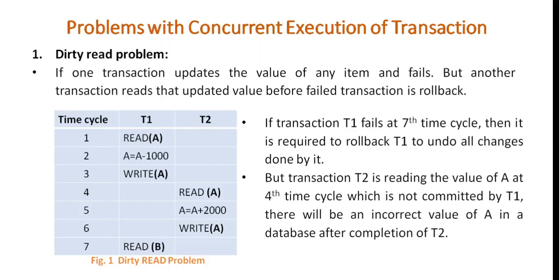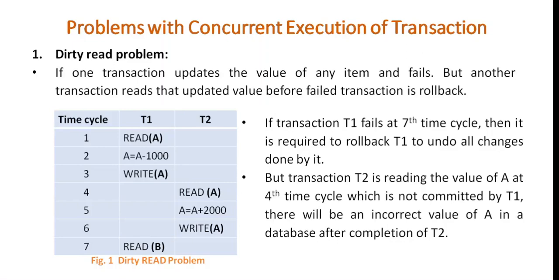But before rollback, transaction T2 is reading the value of A at time cycle 4. The value is updated by T1, but T1 failed, it is not committed. Still T2 is reading the value which was updated by transaction T1, meaning T2 is reading an incorrect value of account A. This is called the dirty read problem.